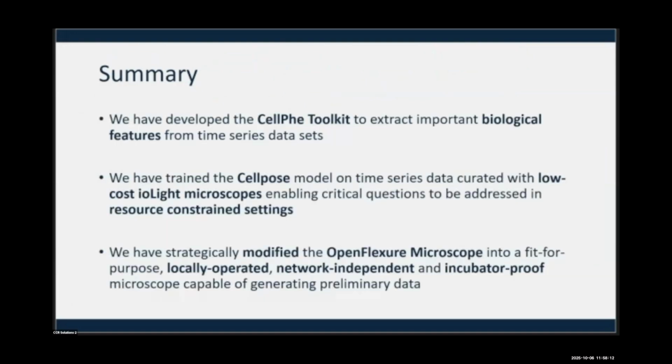So just to very briefly summarize, I've shown today that we have developed the SELFIE tool previously, and this can extract important biological features from time series data. We have trained the Cellpose model on time series data curated with low-cost microscopes, enabling critical questions to be addressed in resource-constrained settings. And we've strategically modified the OpenFlexure microscope for a fit-for-purpose, locally operated, network-independent and incubator-proof microscope capable of generating preliminary data.